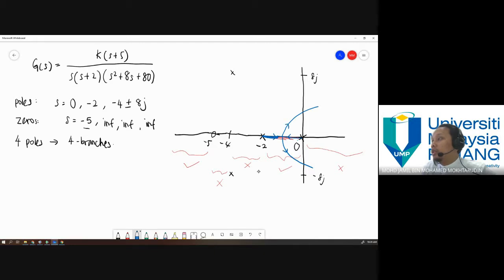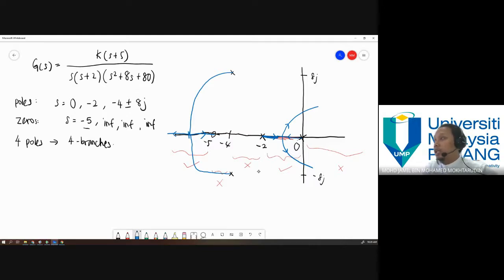No root locus here, no root locus here as well. So there's a root locus here. Maybe the root locus will come from the pole, going to some break-in points, and one of the branches going here, one of the branches going to infinity.